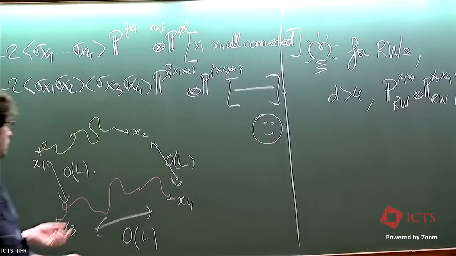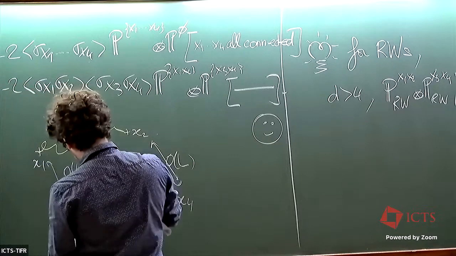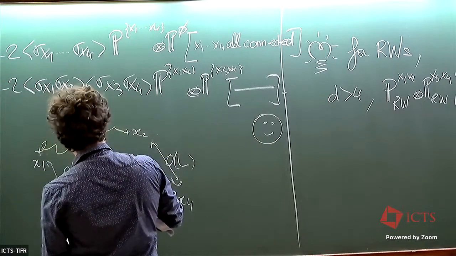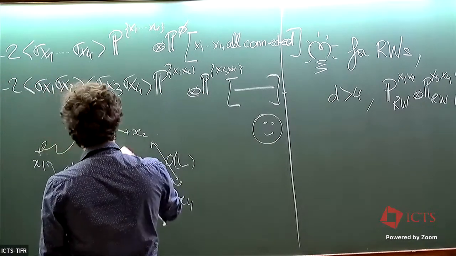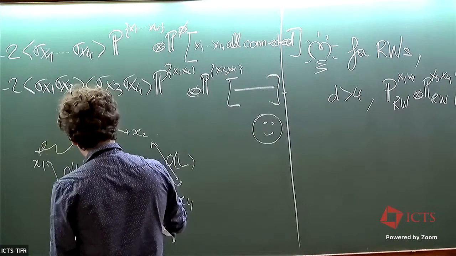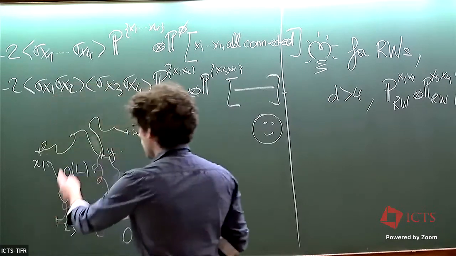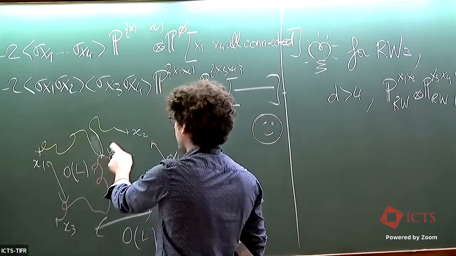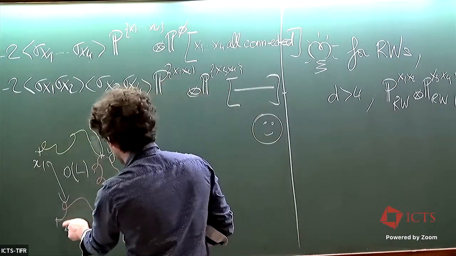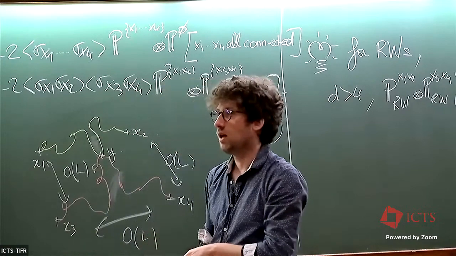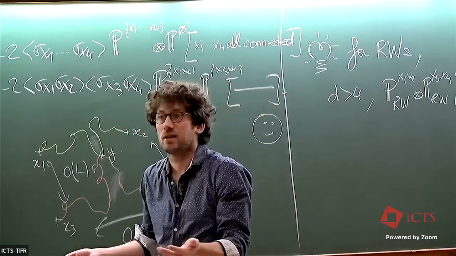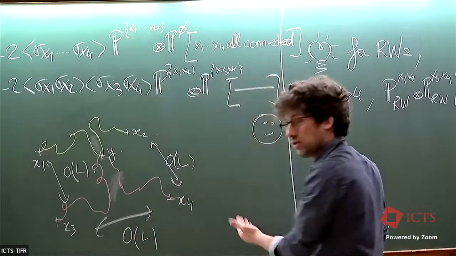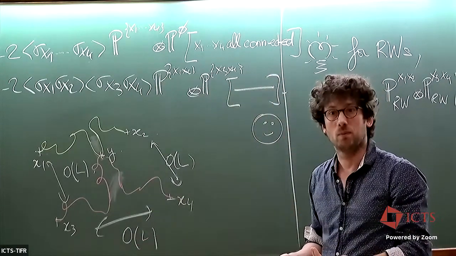So if you look at the expected number of intersections, you sum over y the probability that both walks go through y. You get the Green function between this and this, times the Green function between this and this, times the Green function between this and this, and the Green function between this and this. When you sum over y, you get something tending to 0, of order 1 over L to the d minus 4.